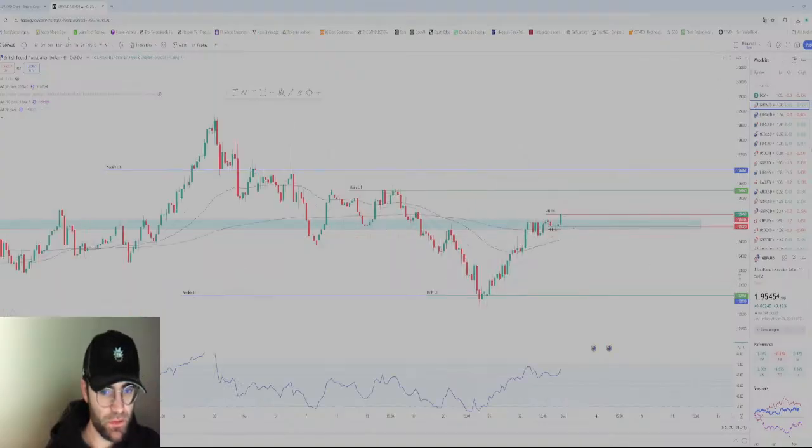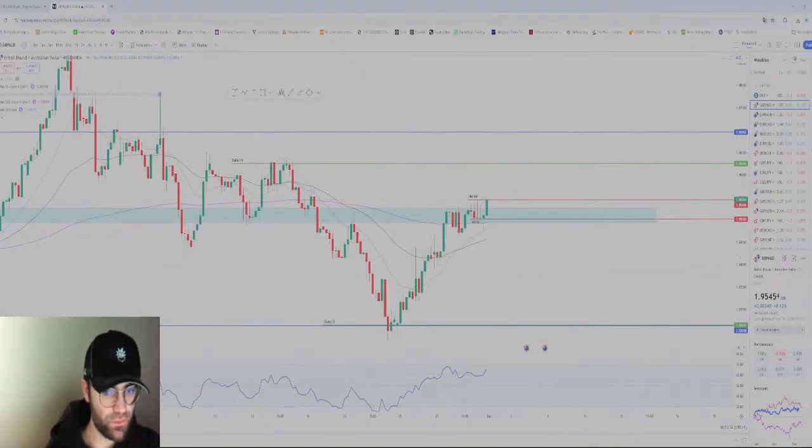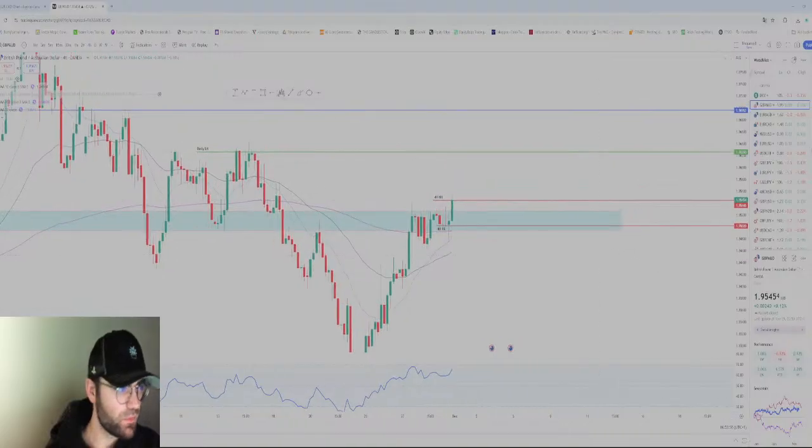So what he was talking about is a shift of structure on the 4 hour, meaning the 4 hour has to close under, retest this area, and then go further down, which I'm very much thinking might happen as well.